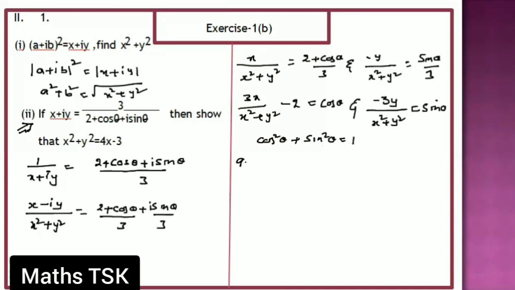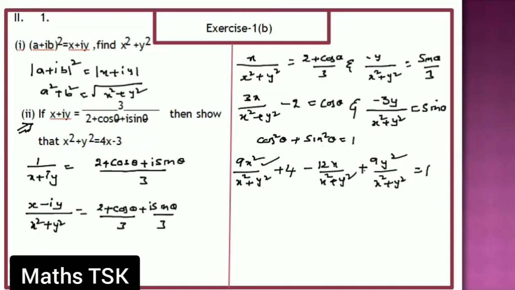A square is 9x square by (x square plus y square) whole square. B square is 4. Minus 2ab is minus 2 into 2, 4, into 3, 12x by x square plus y square. This is cos square theta plus sin square theta, 9y square by (x square plus y square) whole square is equal to 1.